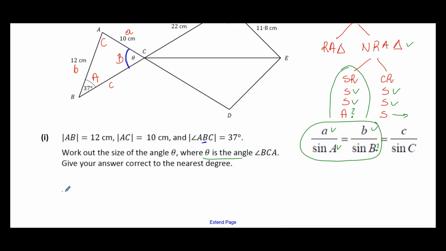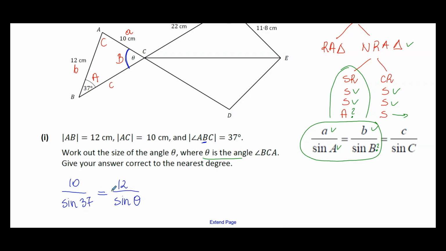Let's replace letters with numbers. Small a is 10 divided by sin of capital A, which is 37, and that equals small b, which is 12, divided by sin of B, and that B is our theta I'm looking for.